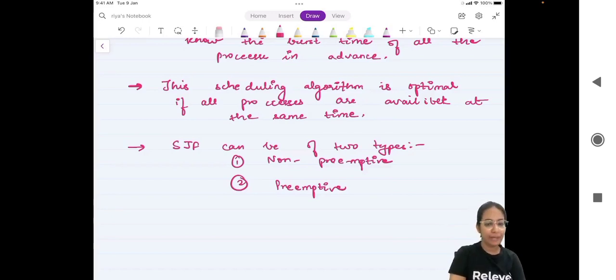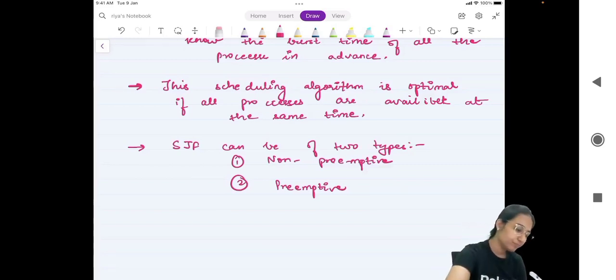In the non-preemptive version, the process which comes first will be executed first. But in the preemptive version, it may so happen that the process which came first is being executed, but another process with a shorter burst time came, and hence the execution for that happened faster.